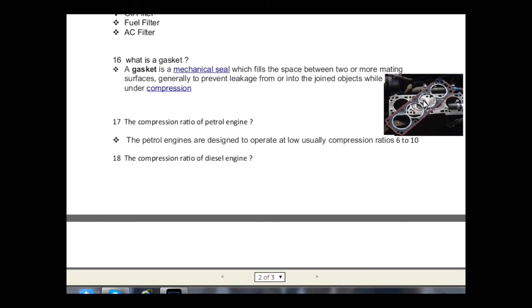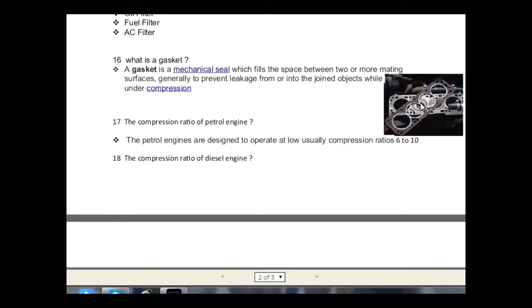The next question is, what is a gasket? A gasket is a mechanical seal which fills the space between two mating surfaces, generally to prevent leakage. Here we can easily see a gasket, and it is basically placed between the cylinder and the cylinder head, because most of the time the cylinder and cylinder head are separate.